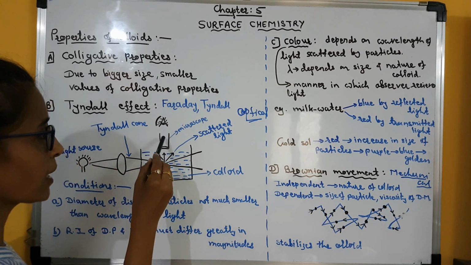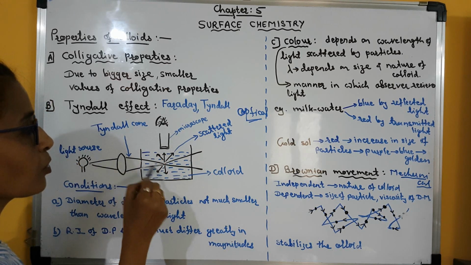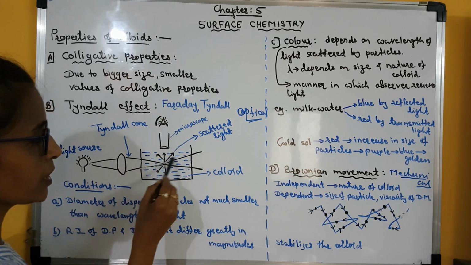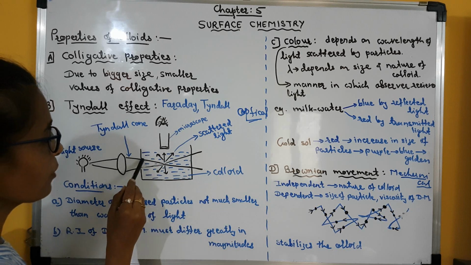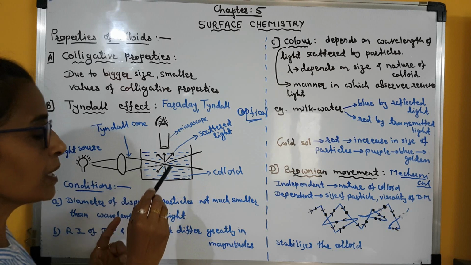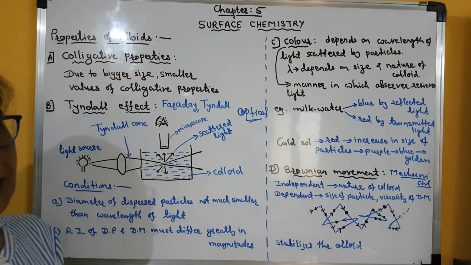I told you that in the Tyndall effect, this colloid will appear blue in color. Clear? So a blue Tyndall cone is observed. The particles present in this Tyndall cone will appear like bright stars.